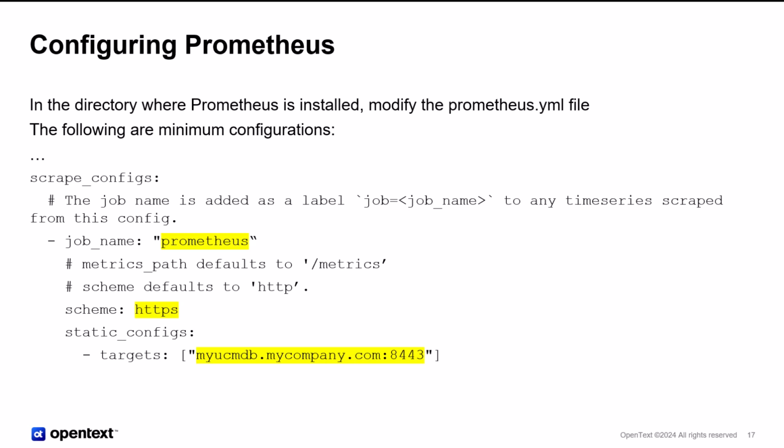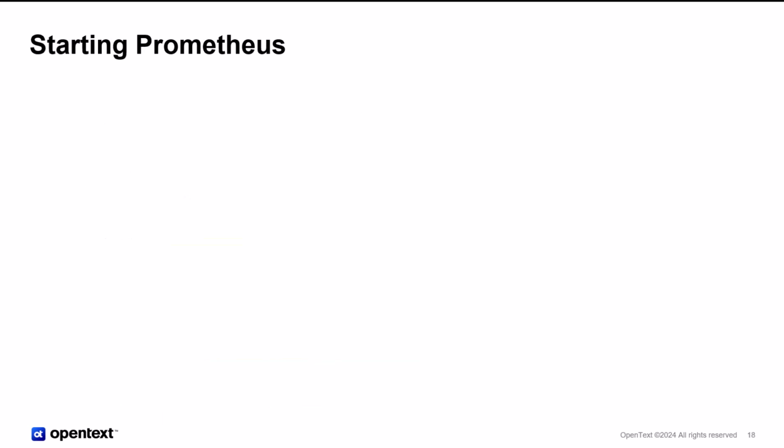And because I'm using HTTPS and I'm using a self-signed certificate, I'm setting the TLS config up to insecure_skip_verify equals true. This will prevent Prometheus from trying to validate the certificate. If you would like, you can set up the TLS config and import your certificates into it.